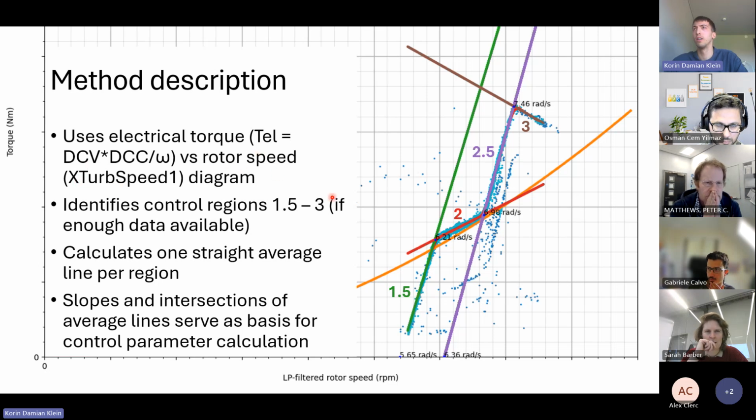My method is supposed to find the regions 1.5 to 3, the borders, and also the average lines, which we can see here. Based on those average lines and their intersections, as well as their slopes, the control parameters will later be calculated.